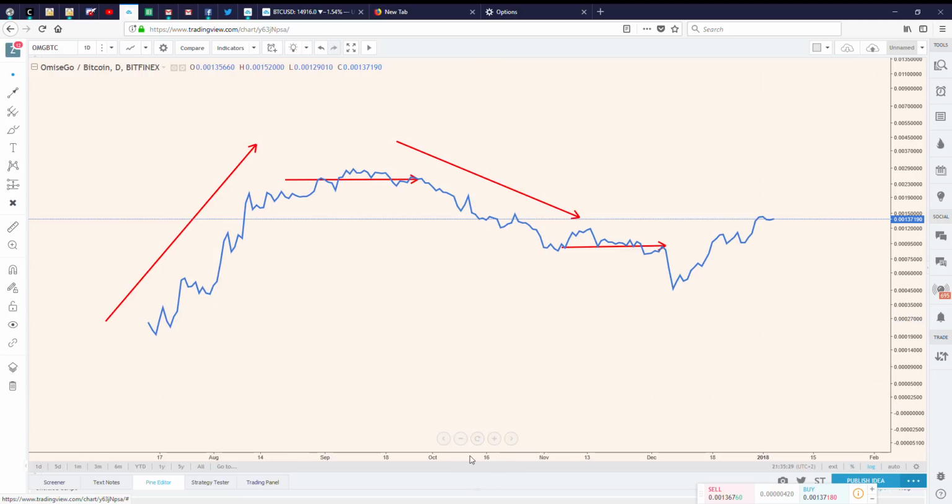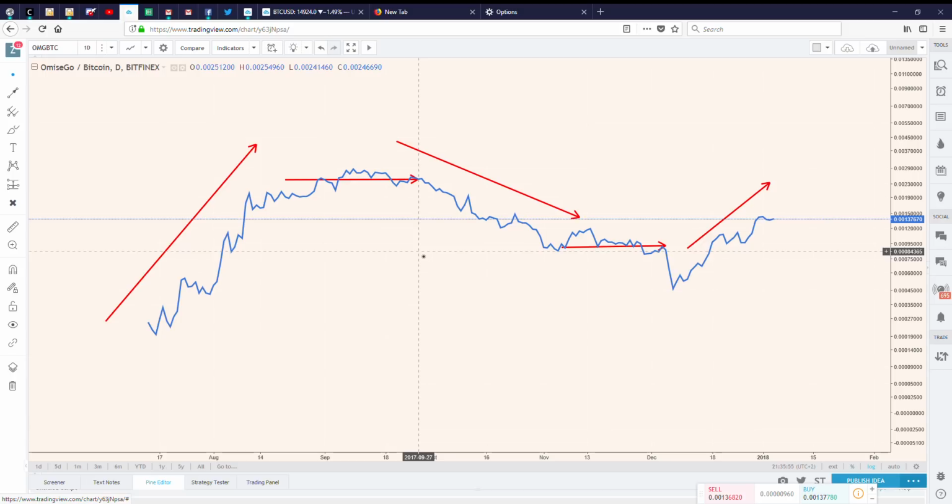Before I get into it further, let's just mark out everything and then recap it again. So here we're in a bullish market or an uptrending market. We then have a sideways or ranging market, and then we've got a downtrending or bearish market.